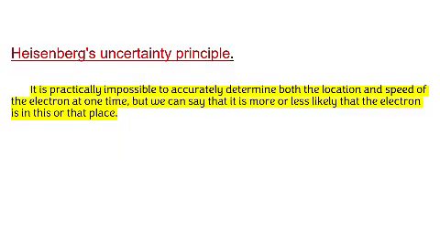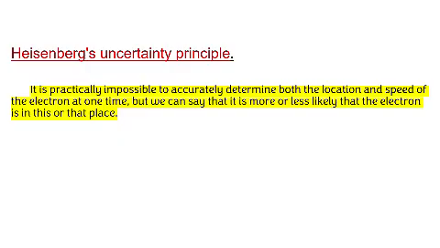And now we come to the uncertainty principle, which was proposed by Heisenberg. Heisenberg was a scientist. He had to correct the drawbacks or shortcomings of Bohr's atomic model.